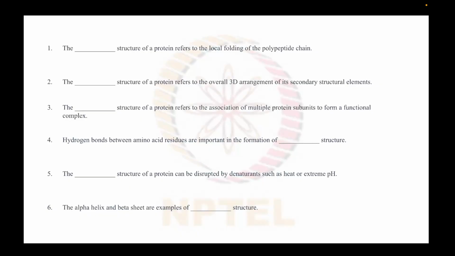So it is the quaternary structure of a protein that refers to the association of multiple protein subunits to form a functional complex.